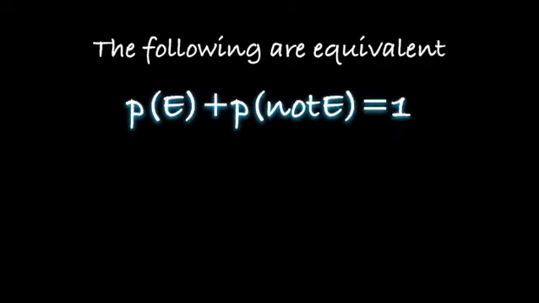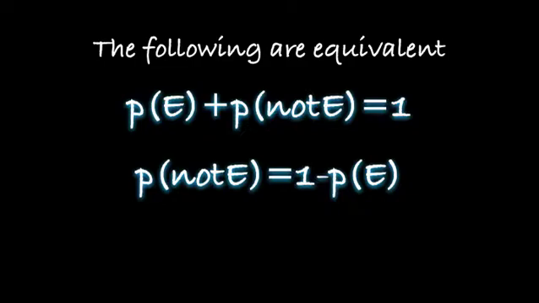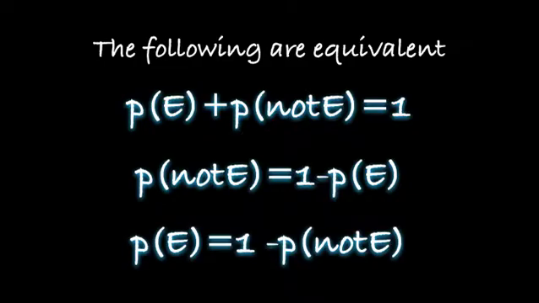The following equations are equivalent. The complement rule for probability, I can deduce a second equation. If I subtract P of E from both sides, P of E cancels on the left, but it doesn't on the right. So that we now have the probability of not E is 1 minus the probability of E. I could have taken the complement rule for probability and have subtracted the probability of not E from both sides.